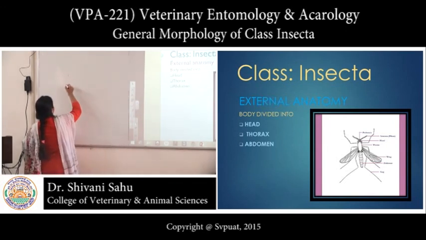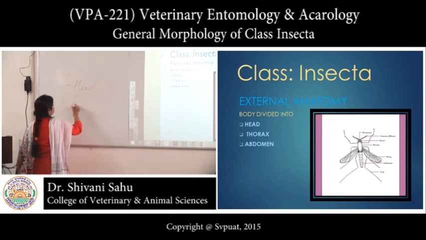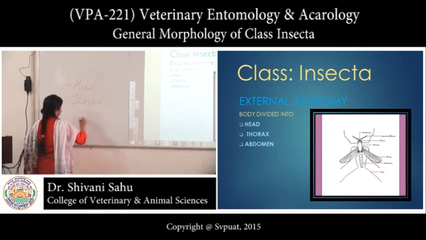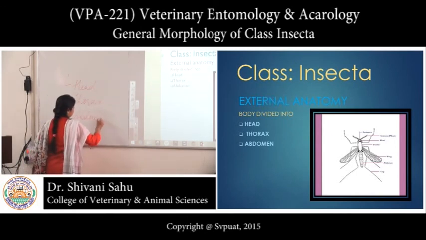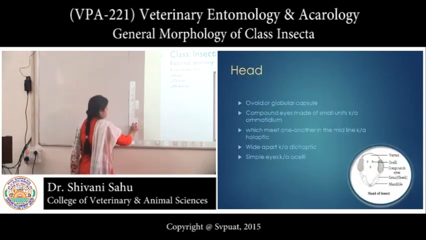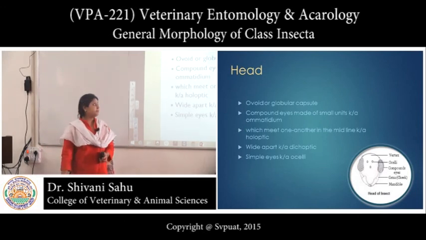The body is divided into head, thorax and abdomen. So first we'll take the head. Head is made up of different segments. It is ovoid or globular in shape.